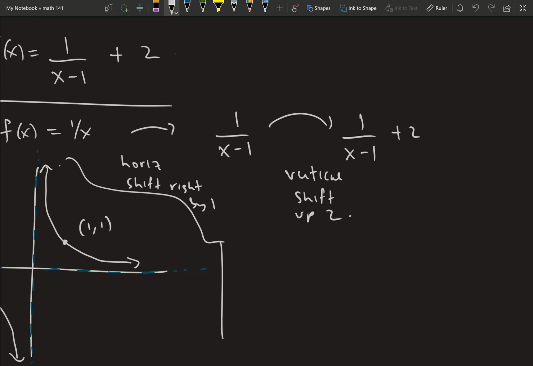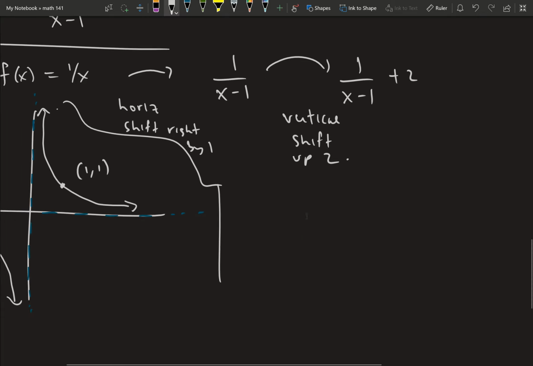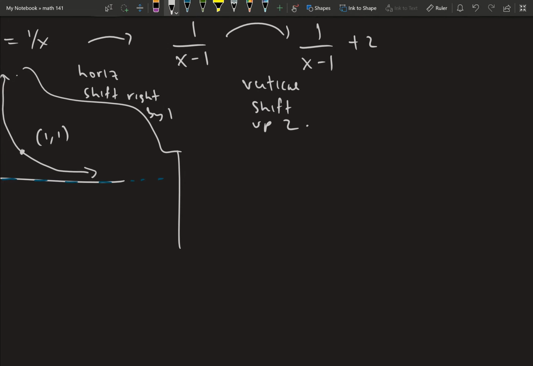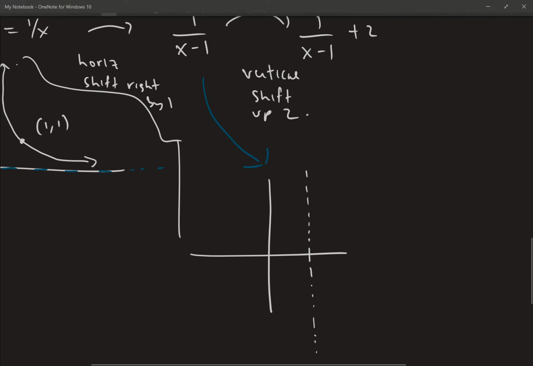So what do our graphs look like? Let's first graph 1 over x minus 1. Well, I take the original graph and I shift it to the right by 1, which means my vertical asymptote now looks something like this.